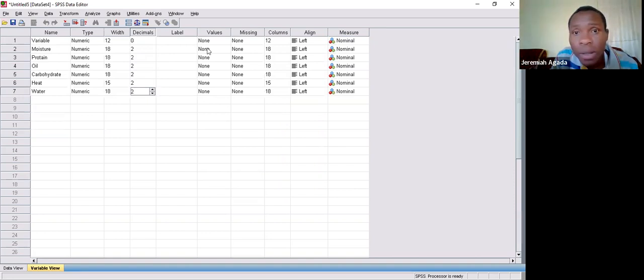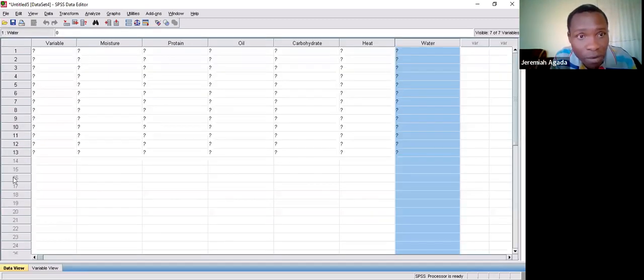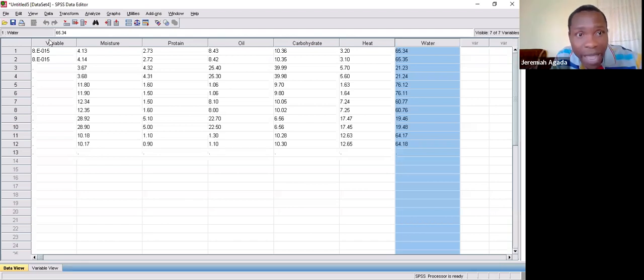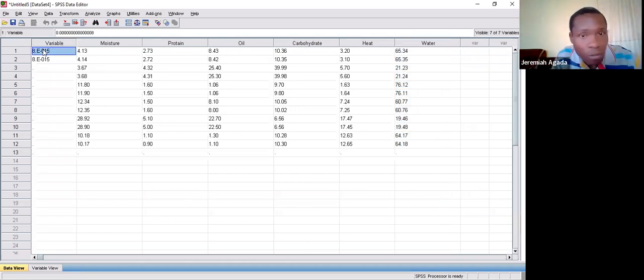All right, then value. Now, quickly, for my variable view, I am going to go back now to my data view. You see everything here has changed. Look at my heading now. I have variable, moisture, protein, oil. That's where we had V1, V2 to V7 the other time. So here now, I'm going to convert this to 1, 1, 2, 2, 3.